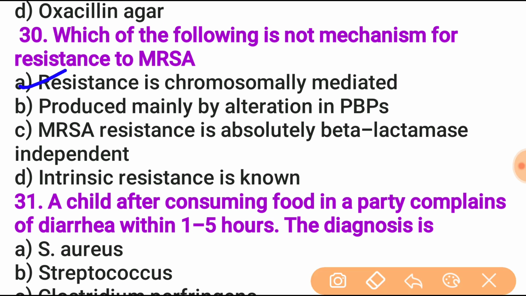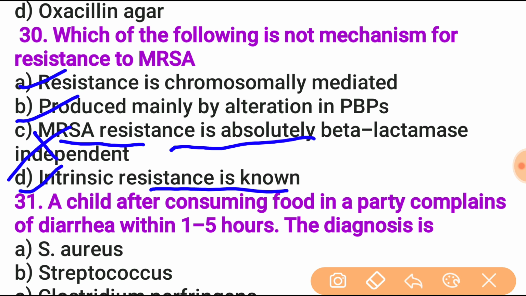Resistance is chromosomally mediated, it is the right option. Produced mainly by alteration in the penicillin binding protein, it is also correct. MRSA resistance is absolutely beta lactamase independent, it is correct. And intrinsic resistance is non, it is also right. So the correct option is the one saying MRSA resistance is absolutely beta lactamase dependent.